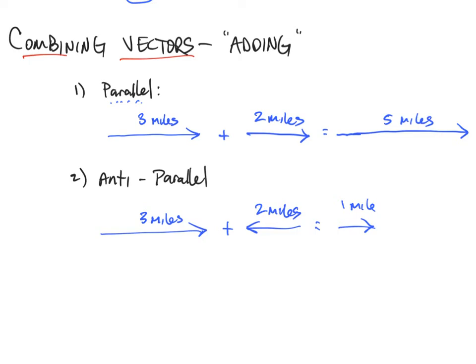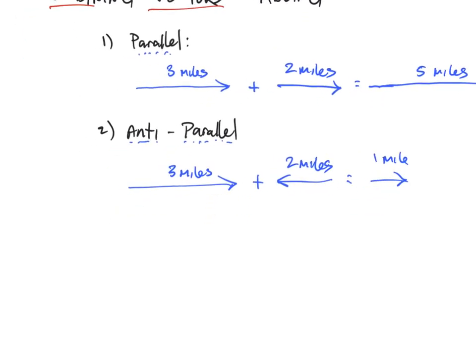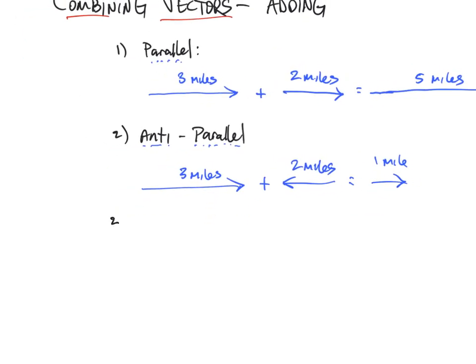Now, those are the first 2 cases where I almost probably didn't need to tell you that. You would have figured it out pretty easily on your own. The third case is a little bit more interesting, and that's the case where I have 2 vectors which are perpendicular.